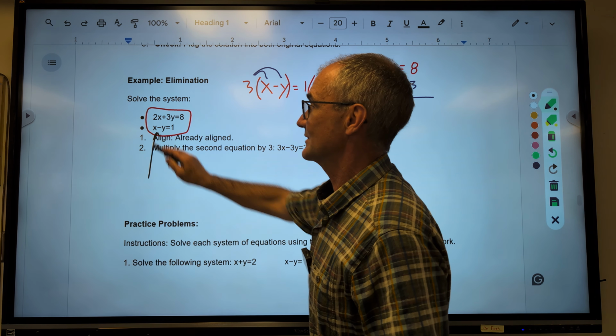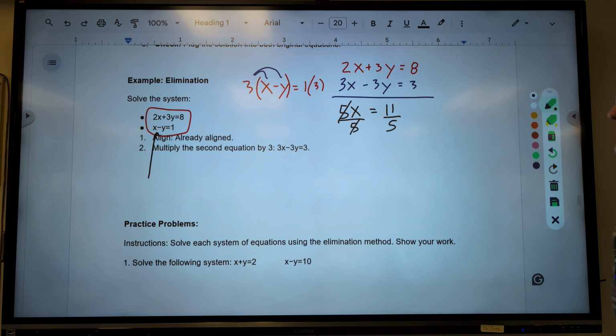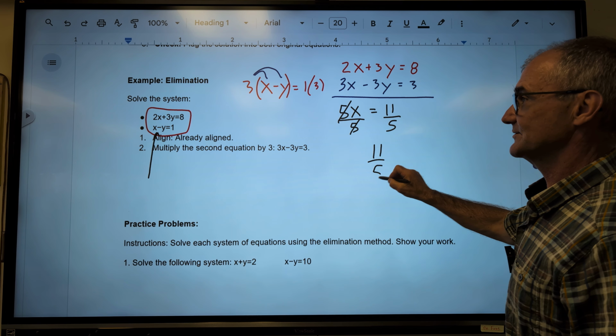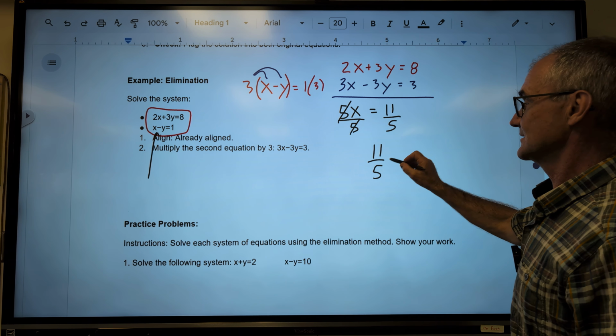I think I'm going to plug it into the second one. Doesn't really matter. x, 11/5 minus y is equal to 1. I'm actually going to call out 1 as 5/5. That's the same thing as 1. Then I'm going to subtract 5/5 from this side.